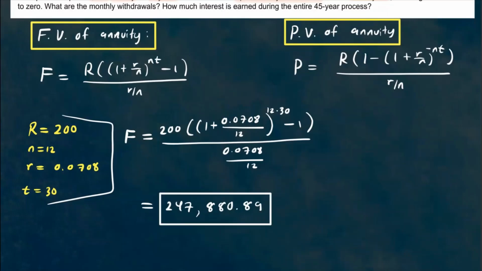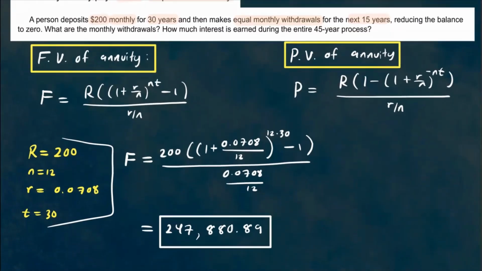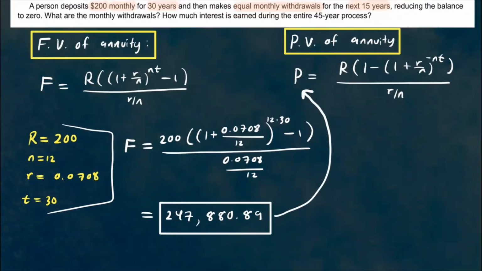Now, the second part we want to consider is after this, we want to make equal monthly withdrawals for the next 15 years. Now we're going to consider this as our present value. If this is how much we have, how much can we withdraw for the next 15 years? So if you consider this as your present value, let's suppose P is now $247,880.89, and we're going to use T equals 15.